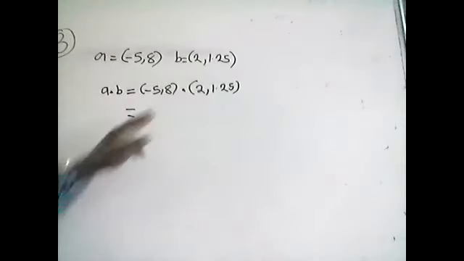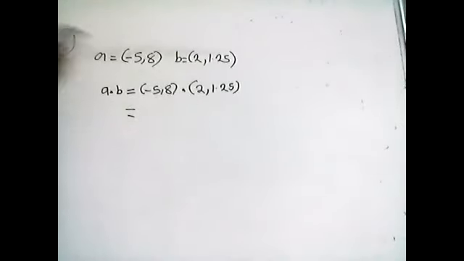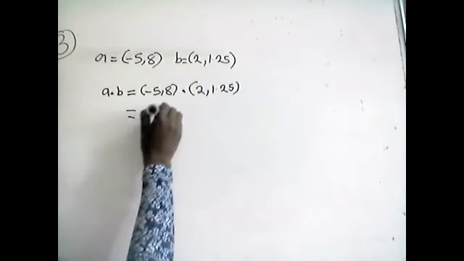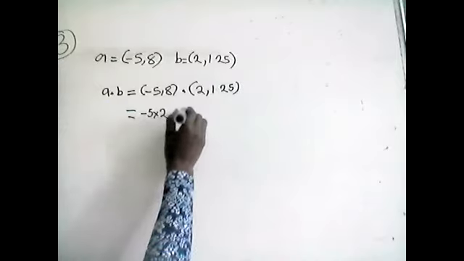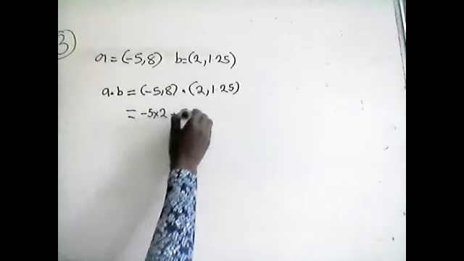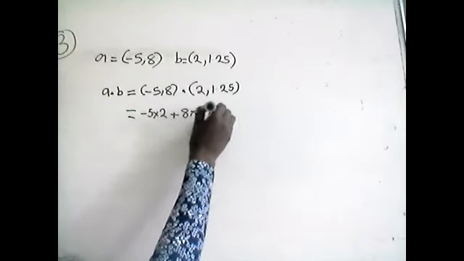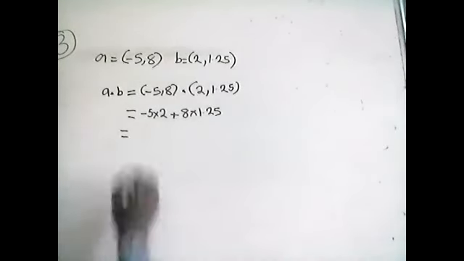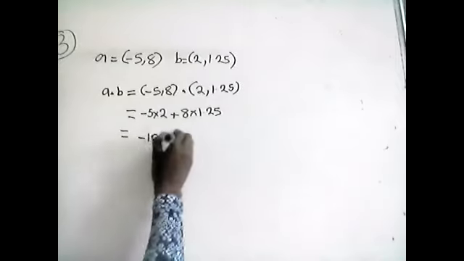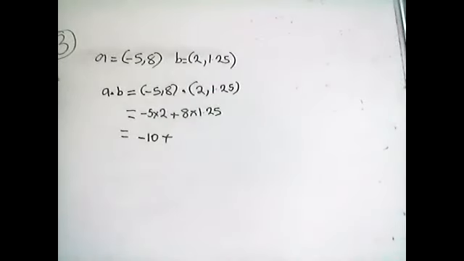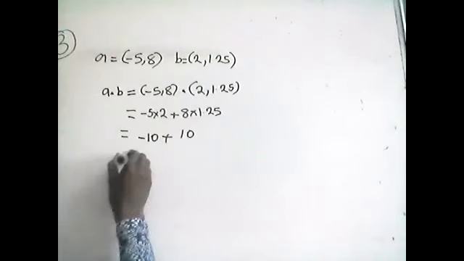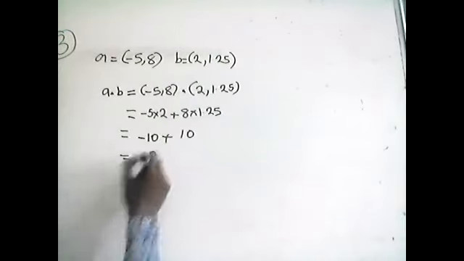So we'll do the same. This multiplied by that. So it is -5 times 2 plus 8 times 1.25. So -5 times 2, the answer is -10, plus 8 times 1.25, the answer is 10 also. So -10 plus 10 is 0.